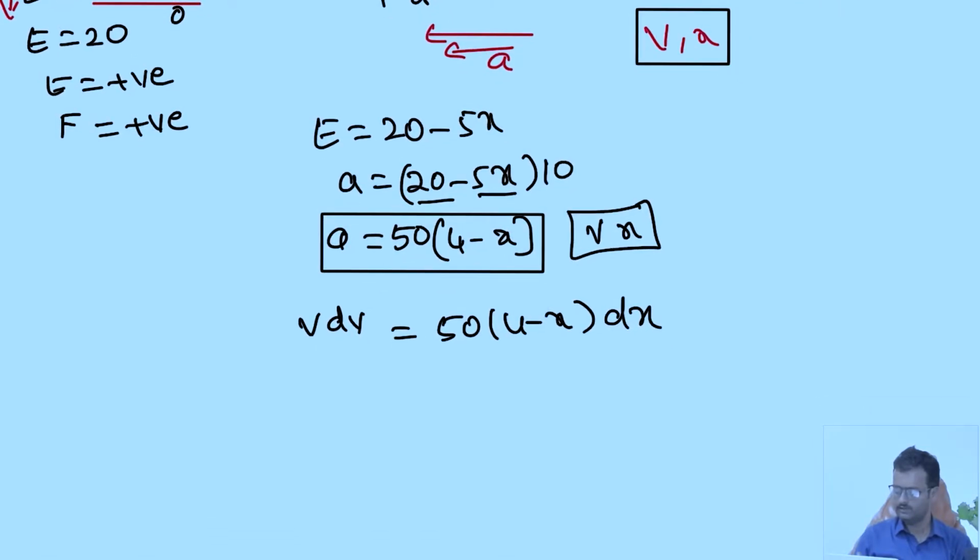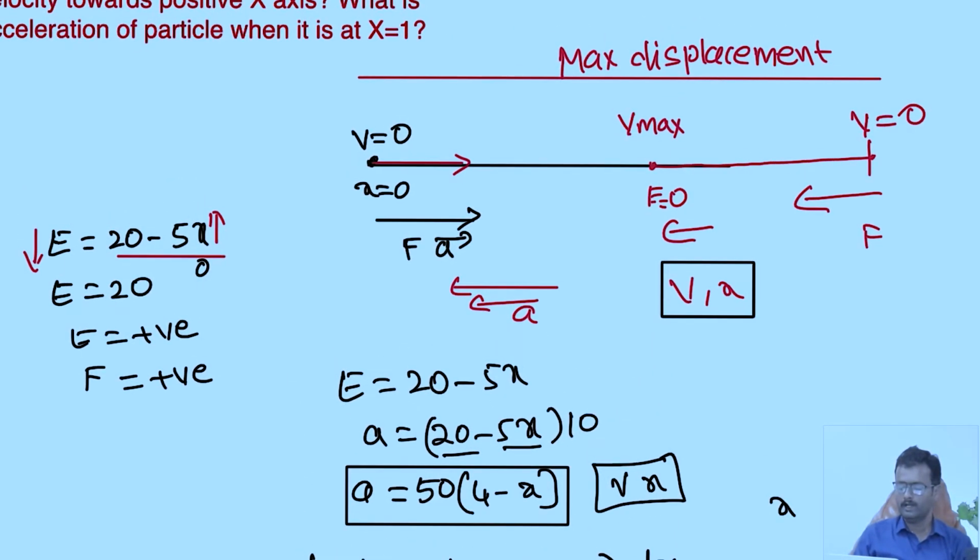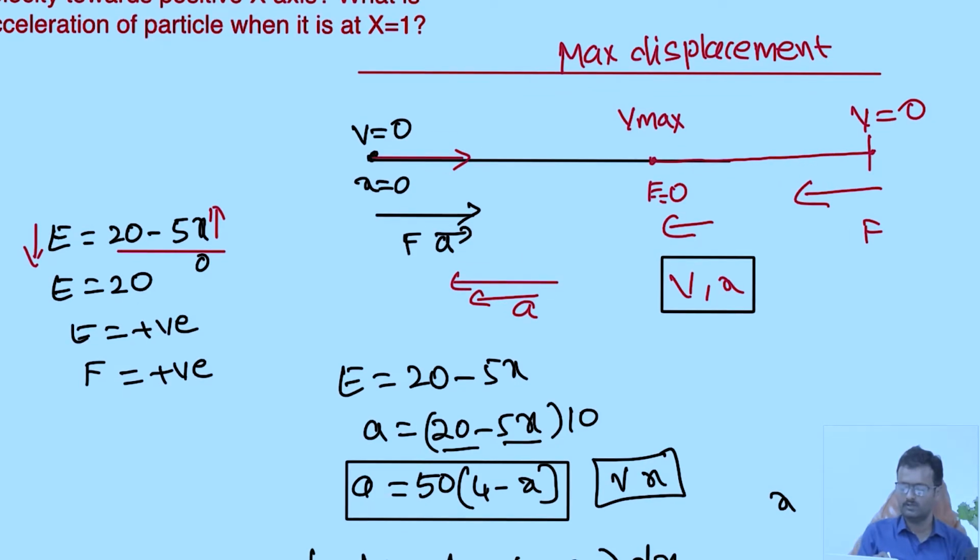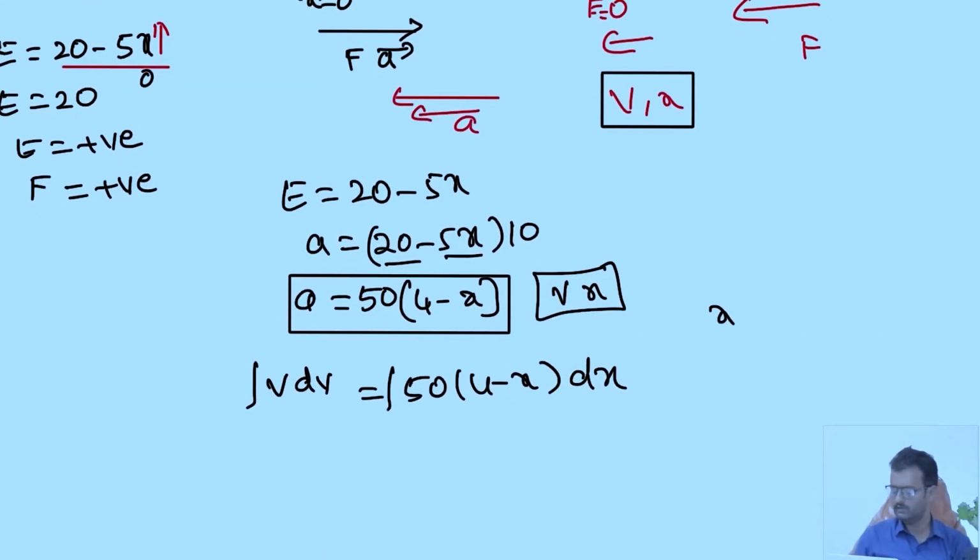So this is a function of x and this is a function of v. So now we take integration on both sides. From the data, at x equal to 0 it is at rest, meaning its velocity is 0. So the initial conditions are velocity 0 and x is also 0.